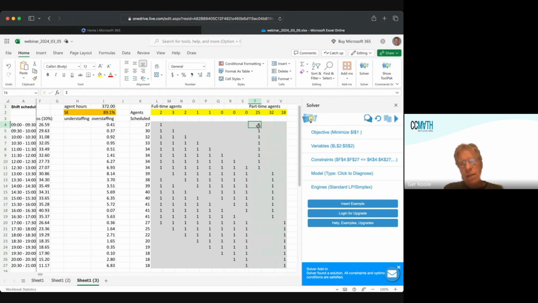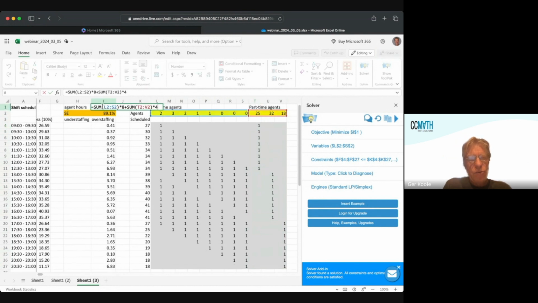You could say, well, is a part-time shift half the cost of a full-time shift? Perhaps not. Perhaps part-time agents have more overhead. So instead of using 8 and 4 in this formula, I should perhaps use 8 and 4.5. These are all extensions that you can do.